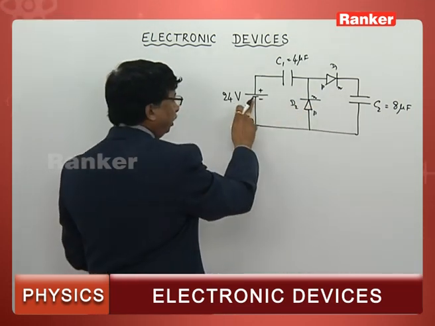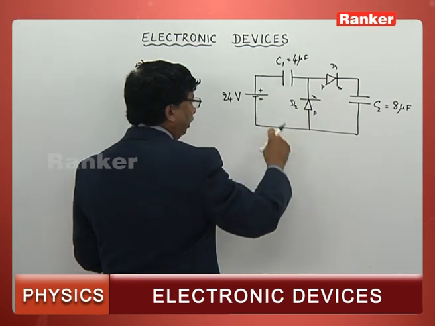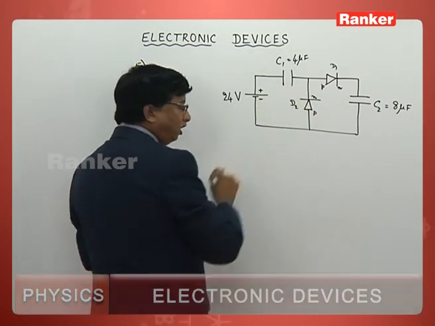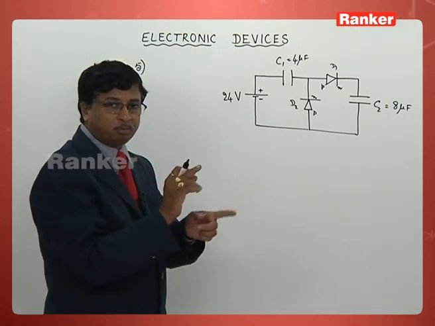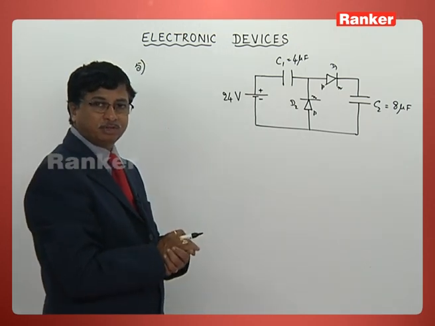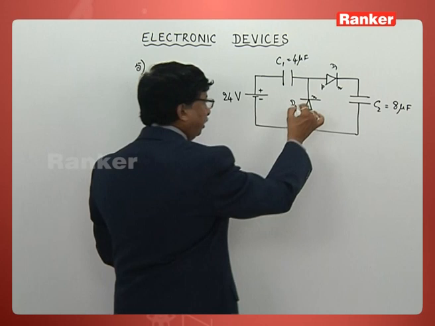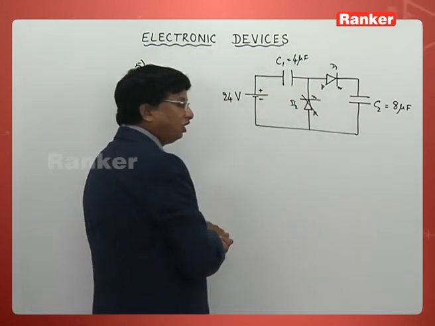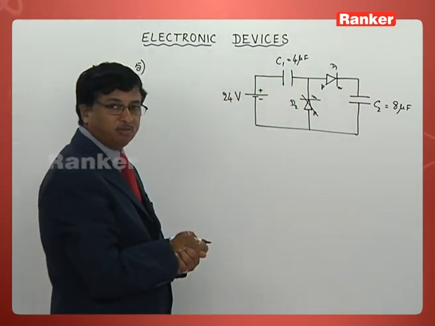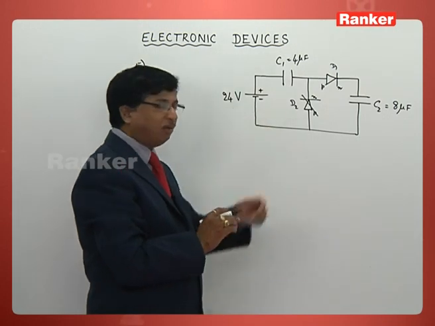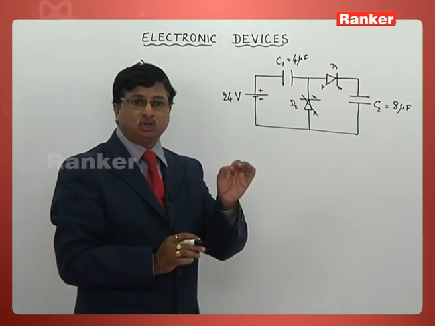Negative to P, positive to N means it is connected in reverse biasing. When it is in reverse biasing, no current flows across that diode, and whatever its value, that is of no use for us.